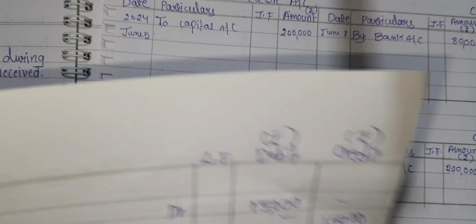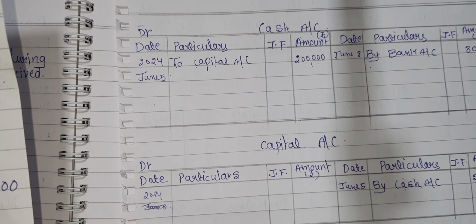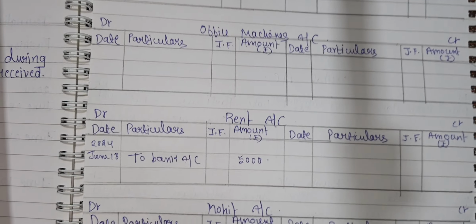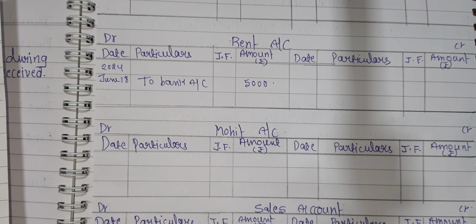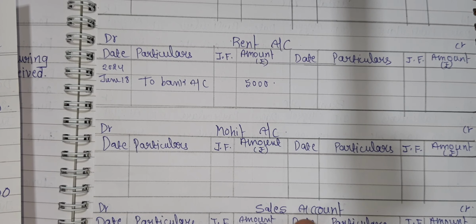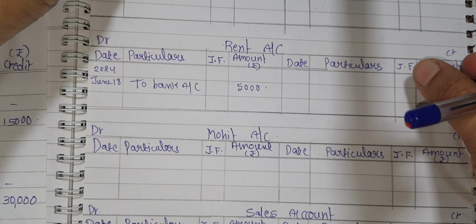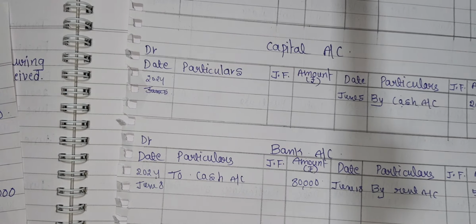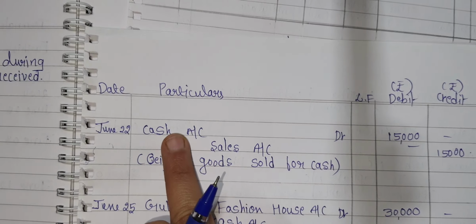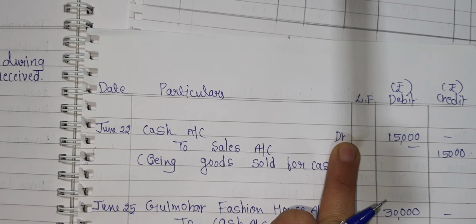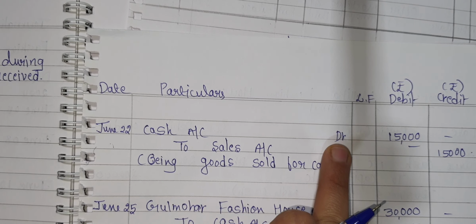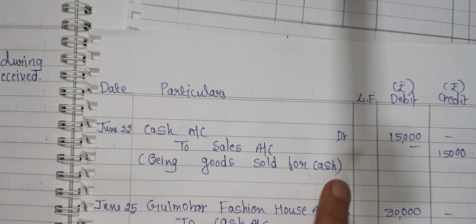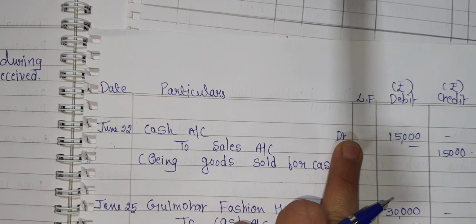See here, sales account. Sales account. Okay. Now cash account, here cash account is debited. Cash account is debited means what? Goods sold for cash.